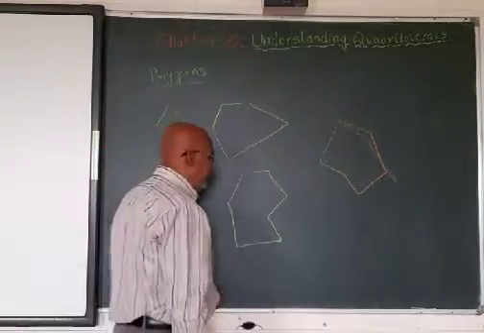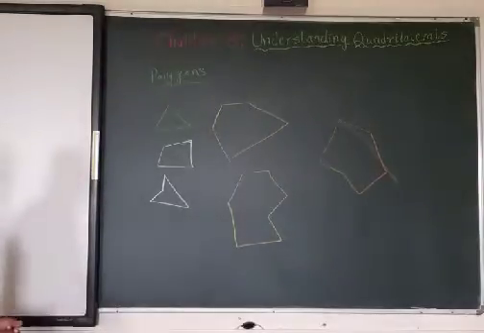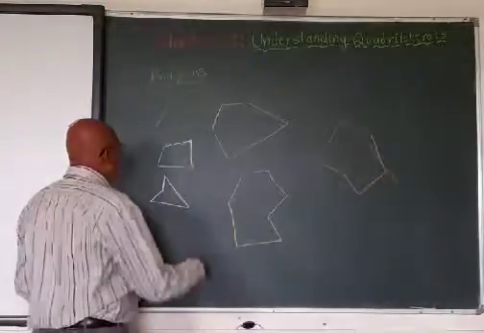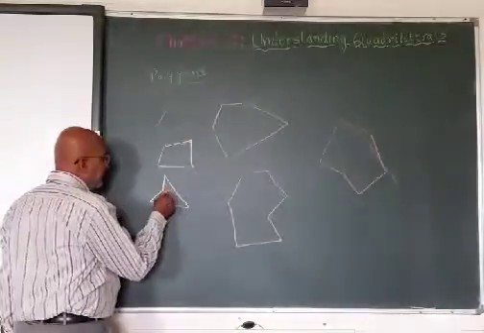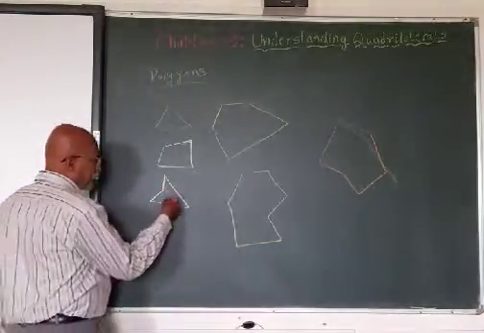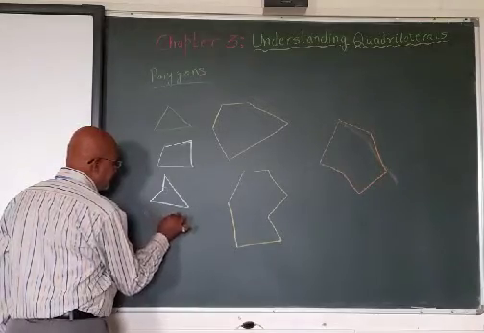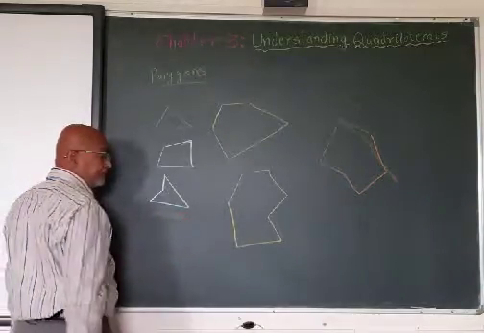Concave means larger, convex means smaller. It is for angles. Here this angle is larger than 180, so this type of polygon is called concave.